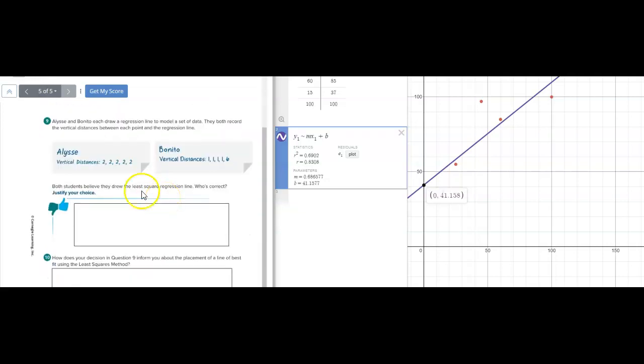So the way this method works is that we have Alyssa's line proposal and Benito's proposal, right? So I'll put A for Alyssa and B for Benito.